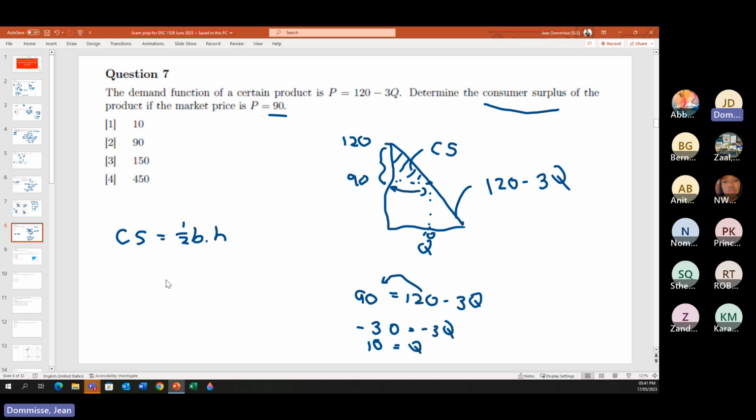So that length, if we say that is the base, is 10. The height is the difference between 120 and 90, which is 30. So it's a half times 10 times 50.